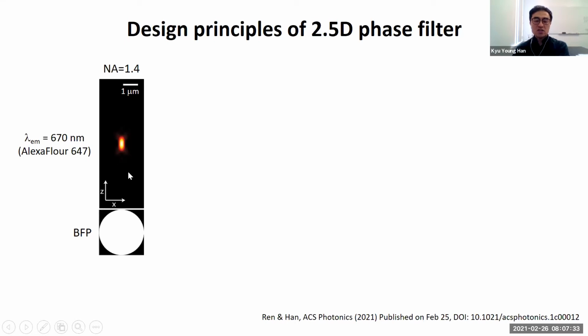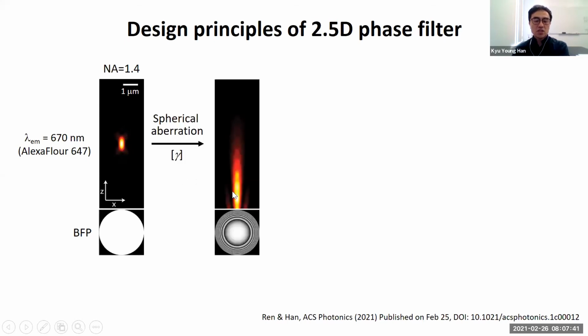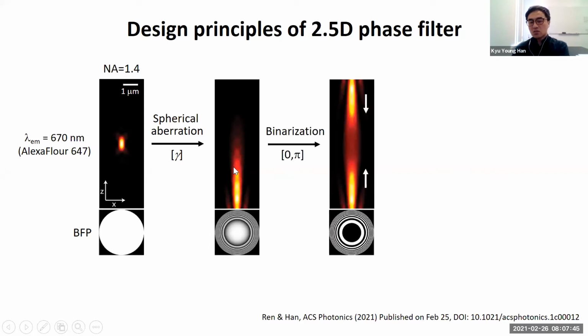So this is a normal PSF. We intentionally apply spherical aberration to this PSF. As you see, the PSF is elongated along the optical axis. But this is not symmetric, so we binarize using 0 and pi instead of a continuous phase. Then we have two different side lobes, at the bottom and the top.